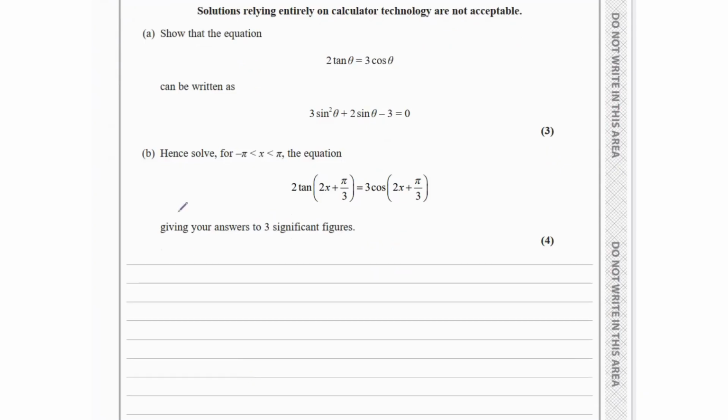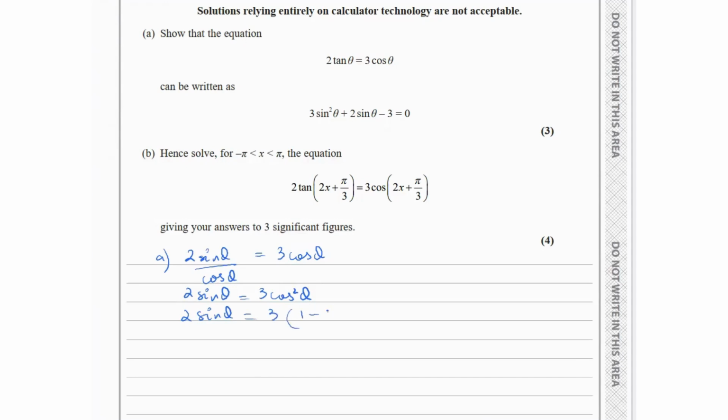So let's rewrite tan theta as sine theta over cos theta first. Cross multiply. That's 3 cos square theta. Replace cos square theta with 1 minus sine square theta.